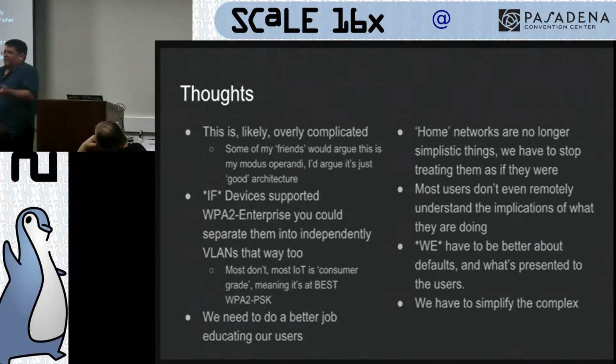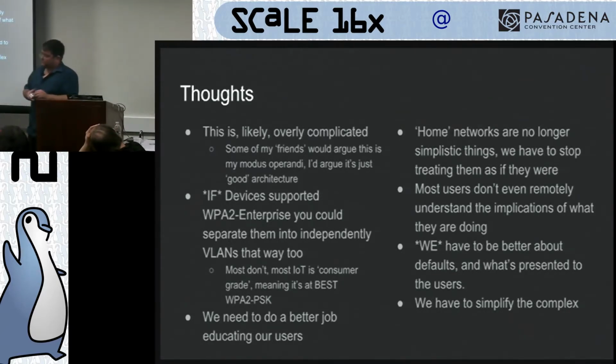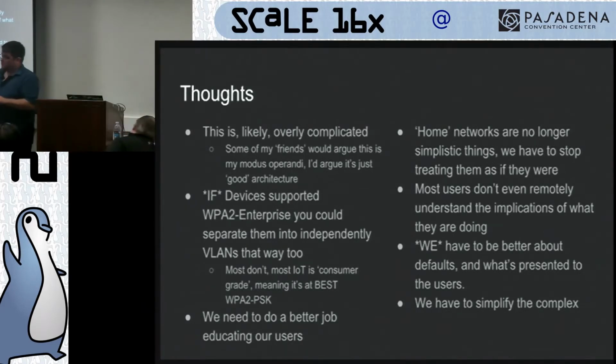I bought high-end network gear. I can have 512 some VLANs. VLANs are free. I'll just do that. And if the equipment we were putting into our houses was nicer and we had better infrastructure available to people, we could do things in even more clever ways. Things with like WPA2 Enterprise.